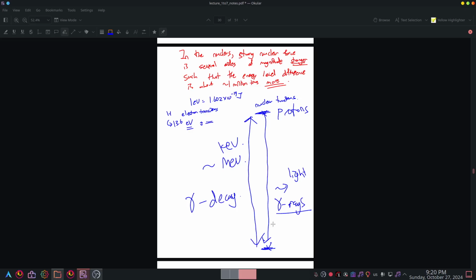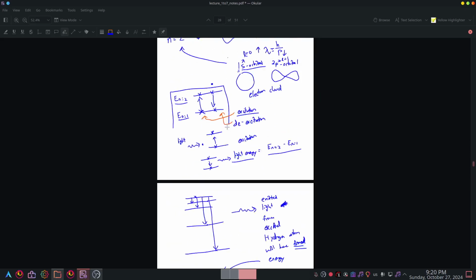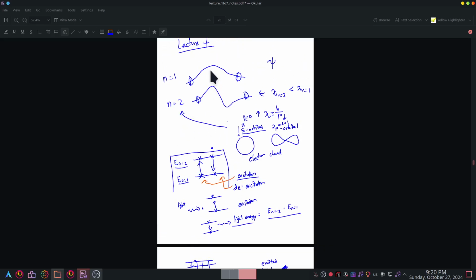Because you don't just have one proton only, you may have 80 plus protons, and there are many ways to store energy. That part will come later, because previously we only talked about the hydrogen atom where there's only one electron, and that's an oversimplified idea of these decays and de-excitations. But it does give you a general idea of what's going on. That's why we like to deal with hydrogen atoms.